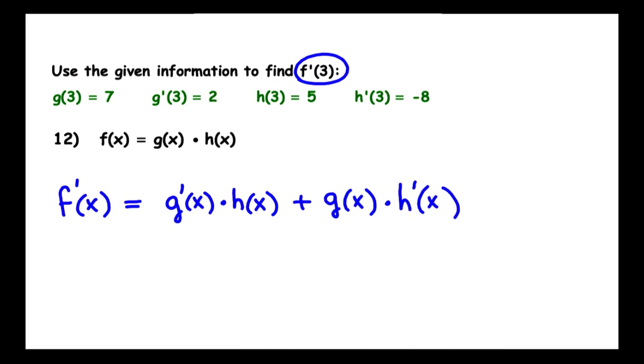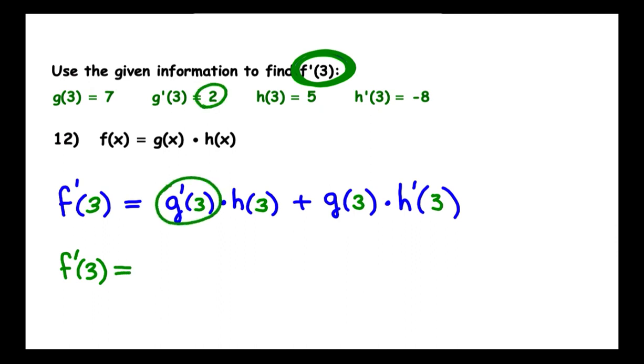All right, now, I don't want to find f prime of x. I want to find f prime of 3. Easy enough, I'll just turn all the x's into 3's. So f prime of 3 should be easy now. G prime of 3, that's going to be 2.